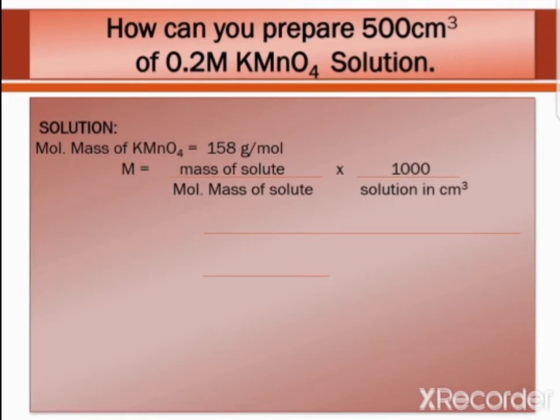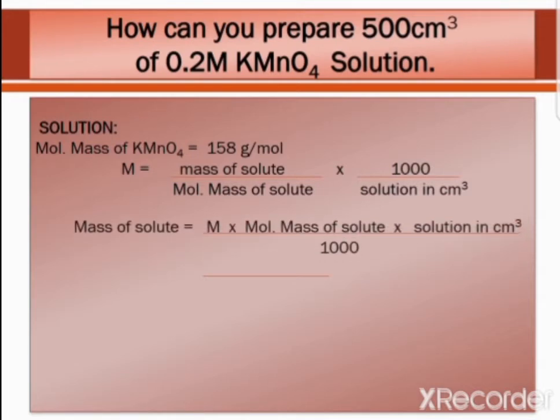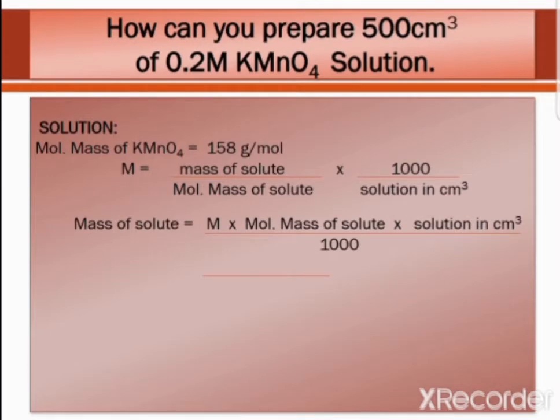We will use the formula of molarity. M is equal to mass of solute divided by molecular mass of solute into 1000 divided by solution in cubic centimeter. By arranging this formula, we can easily find the mass of solute, which is equal to molarity into molecular mass of solute into solution in cubic centimeter divided by 1000.